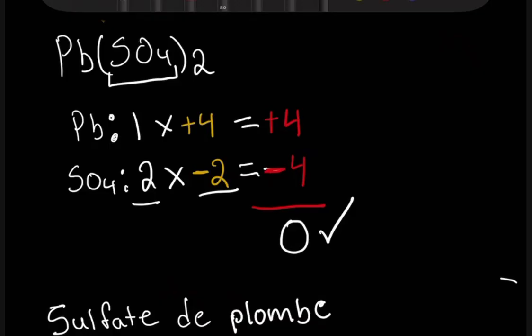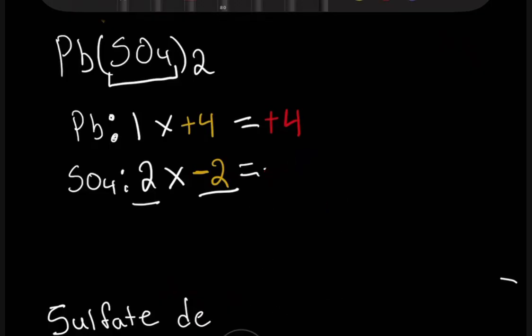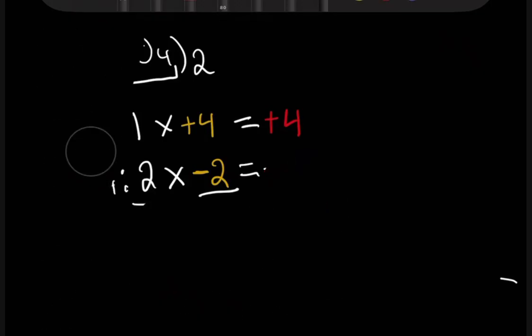Okay, so let's do one more example here. So let's do this one here. We have Fe2, so this is also going to be polyatomic, and there's three of them here. So first, let's look at sulfate.